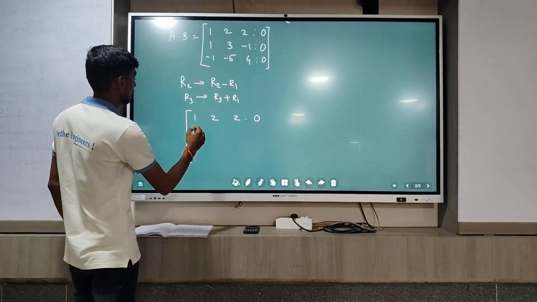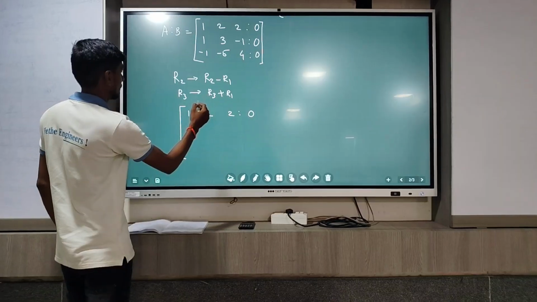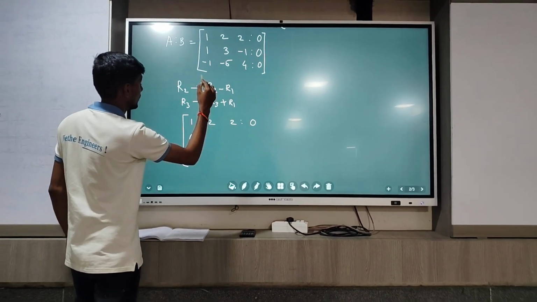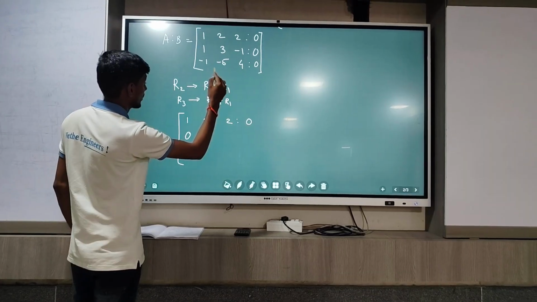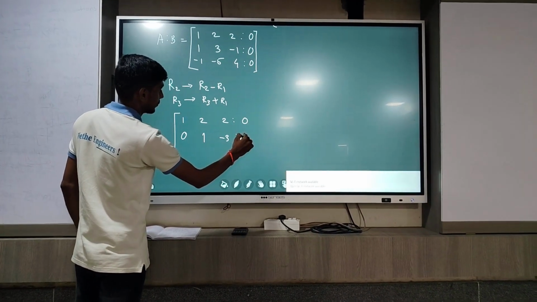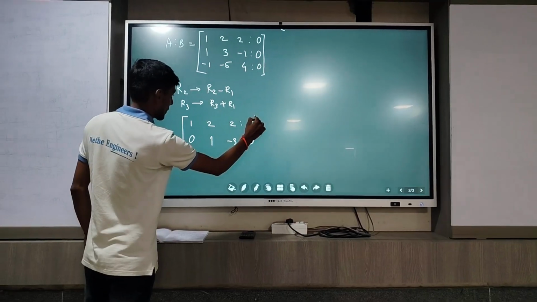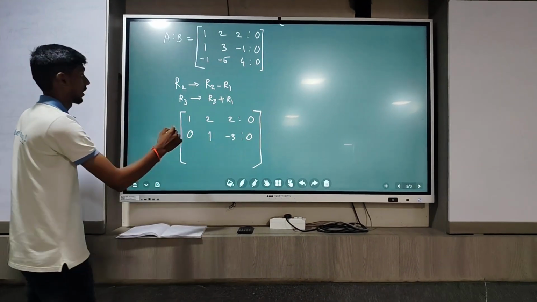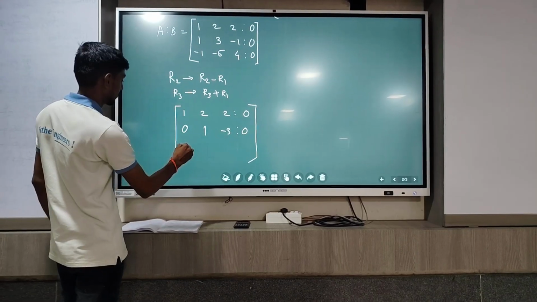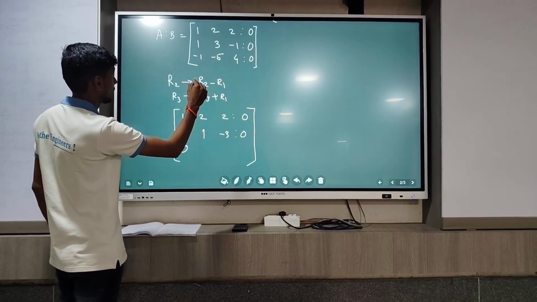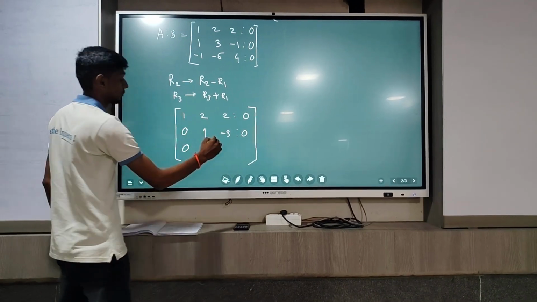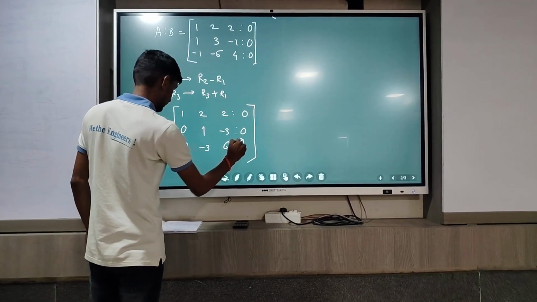R2 minus R1: 1 minus 1 is 0, 3 minus 2 is 1, minus 1 minus 2 is minus 3, and 0 minus 0 equal to 0. For R3 plus R1: minus 1 plus 1 is equal to 0, minus 5 plus 2 is equal to minus 3, and 4 plus 2 is equal to 6.